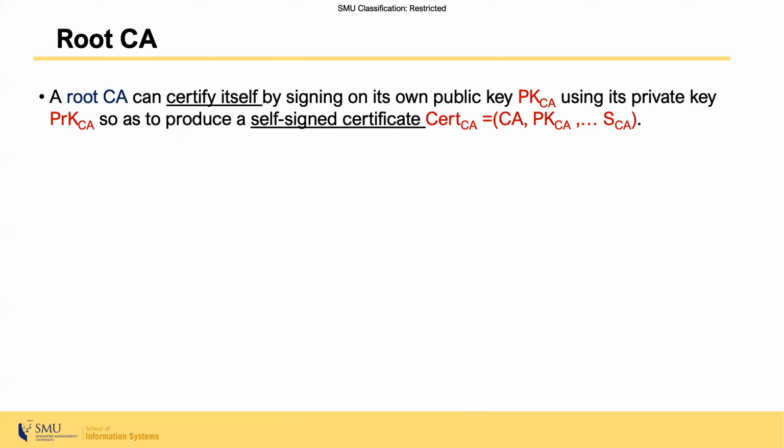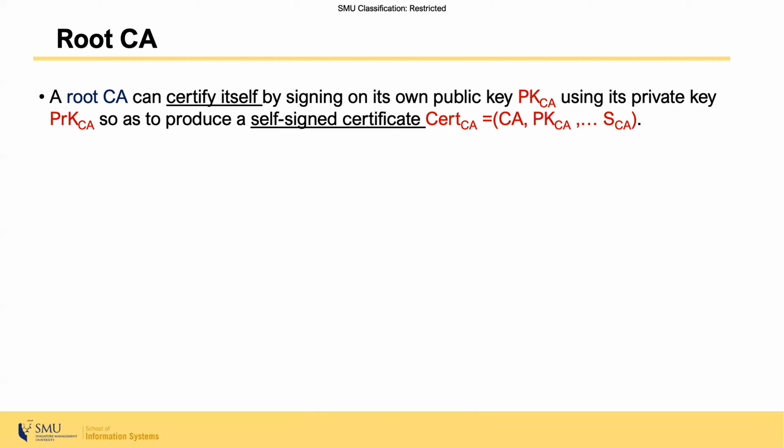So to make it stop at some point, throughout the world, there are certified root CAs, which are typically certified by government organizations or some kind of trusted organization. This organization designates root CAs, and root CAs in practice are available throughout the world.